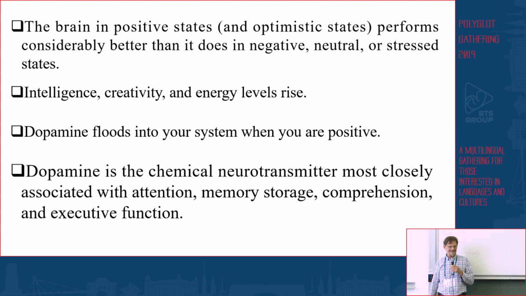Dopamine is a chemical neurotransmitter, sending information around in your brain, making the connections, retrieving things from long-term memory, working with working memory, etc. Okay? It facilitates all of this: attention, memory, storage, comprehension, executive function, so inhibiting unwanted interference from other languages.